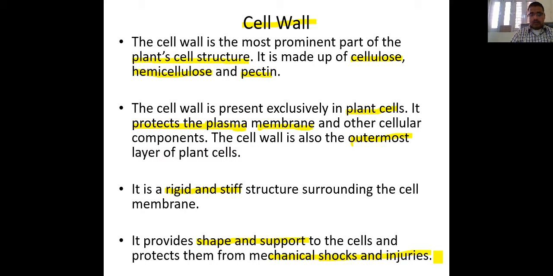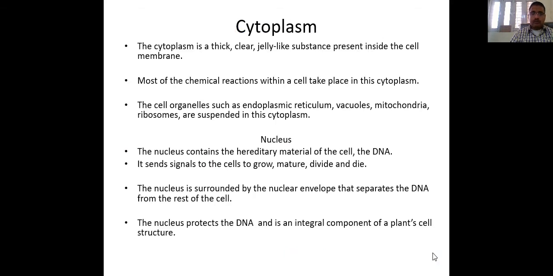Now, when we talk about the cytoplasm, in the plasma membrane there are different kinds of cell organelles. Within that, there is the cytoplasm, which is basically a thick, clear, jelly-like substance present inside the cell membrane. As I already told, most of the chemical reactions within the cell take place in this cytoplasm.